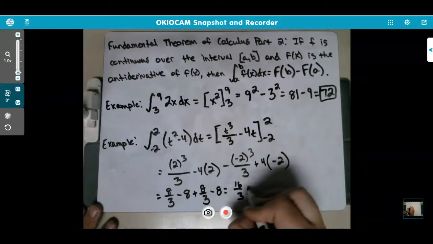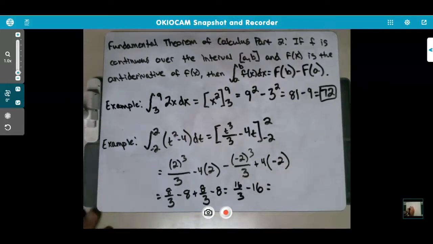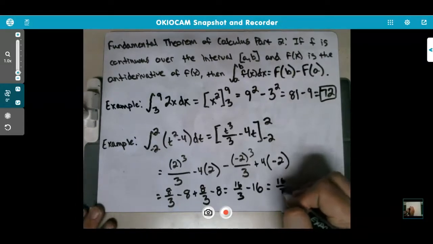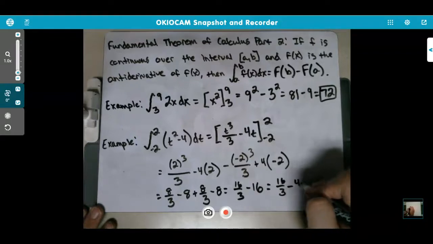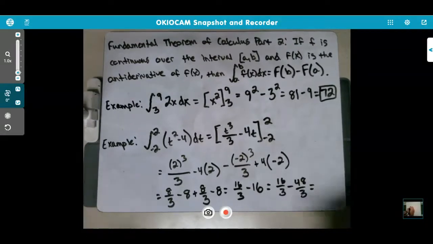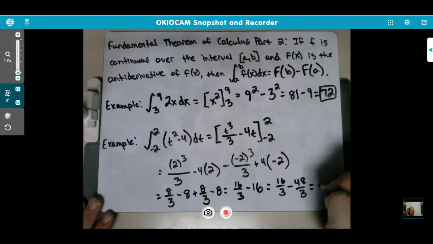Negative 8 minus 8 is minus 16. You need a common denominator, which would be a 3. So 16 over 3 minus 16 times 3 is 48. 16 minus 48 is negative 32. So negative 32 over 3.